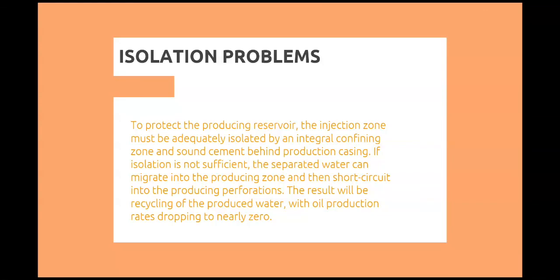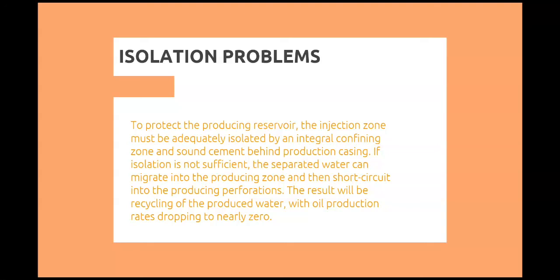The next problem that comes from downhole separator technology is isolation. To protect the producing reservoir, the injection zone must be adequately isolated by an integral confining zone and sound cement behind the production casing to prevent the formation from collapsing or damaging the equipment. If isolation is not sufficient, the separated water can migrate into the producing zone and short circuit into the producing perforation.